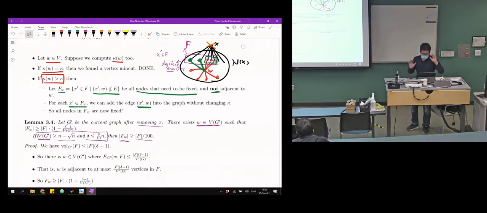And you agree that once we have this, we are kind of done now. We can just keep fixing a constant fraction of F again and again, and after log n many W, you can fix everything. So the purpose of having this lemma is that we can have a faster computation.